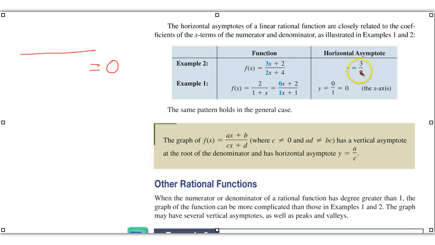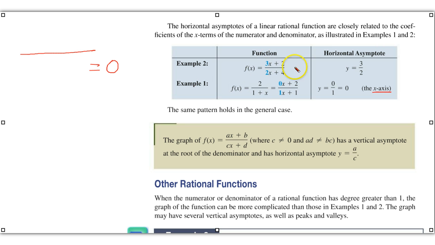3/2. Now in example 1, there wasn't an x value, but in a sense, there could have been a 0x, which has no value, but it would have been 0/1, which is this one here. And 0/1 is 0, which we said was the horizontal asymptote for example 1.